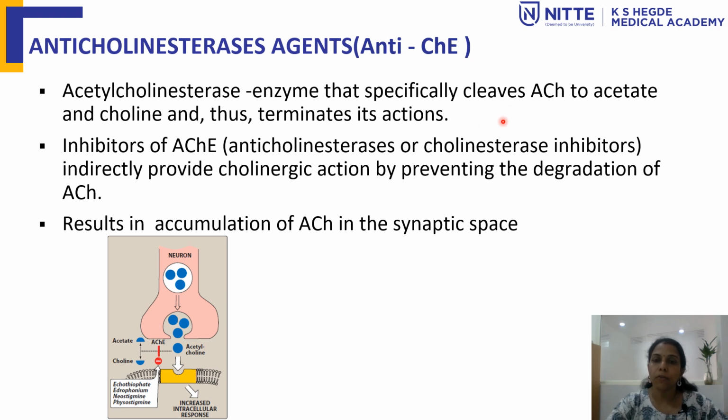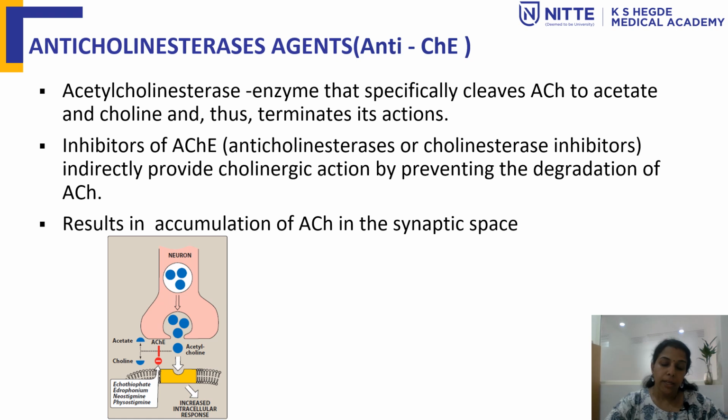So inhibitors of acetylcholinesterase, or cholinesterase inhibitors, indirectly provide the cholinergic action. How? They prevent the degradation of acetylcholine in the body. As a result, the acetylcholine level will increase, resulting in accumulation of acetylcholine in the synaptic space and an increased response in our body. That's how the anticholinesterases act.